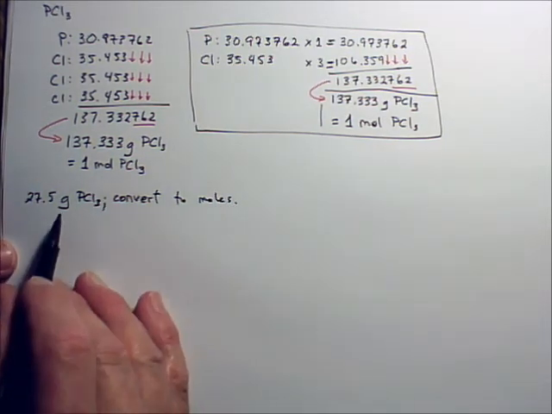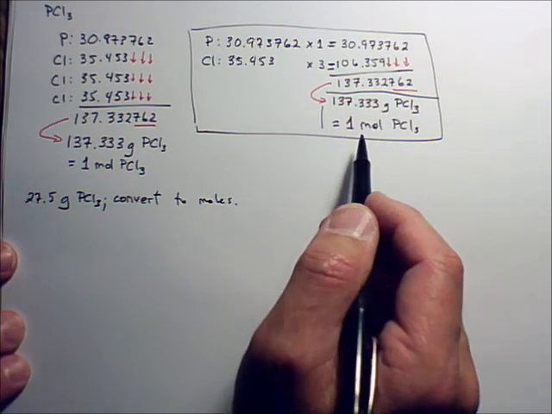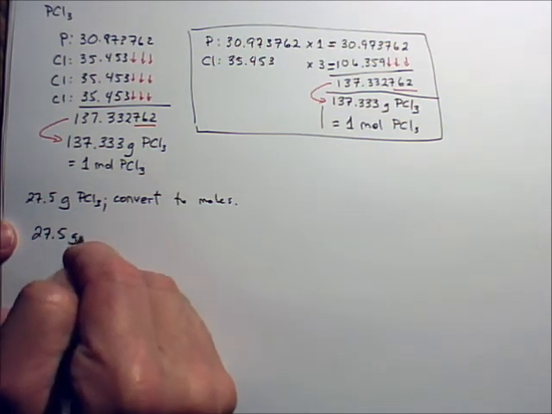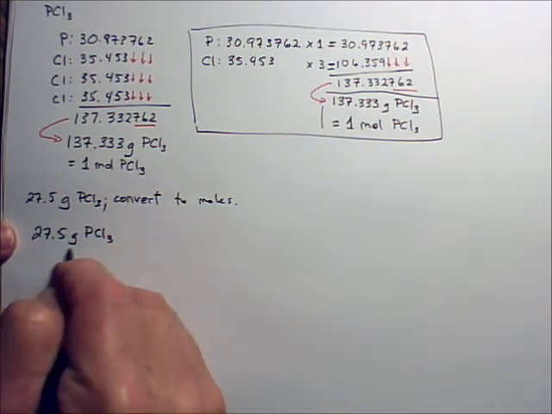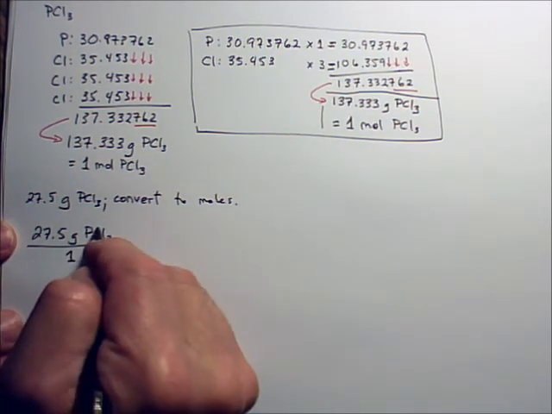We're going to put the starting amount over 1: 27.5 grams of PCl3 over the number 1. It doesn't change the amount, it just sets it up to make the math work out for us.